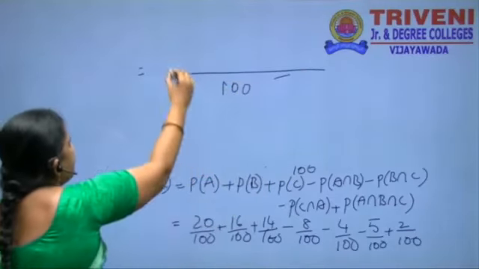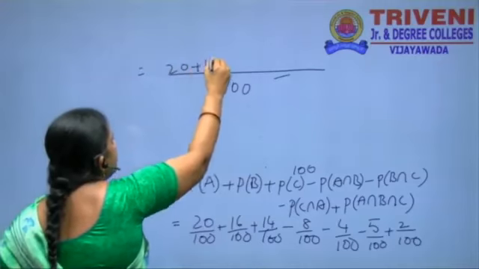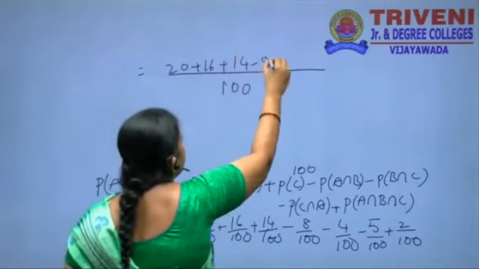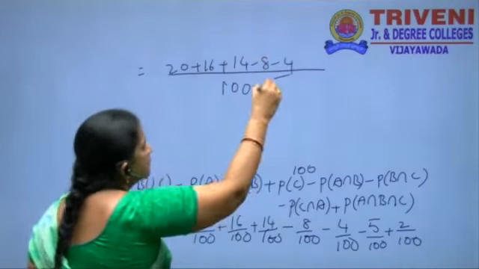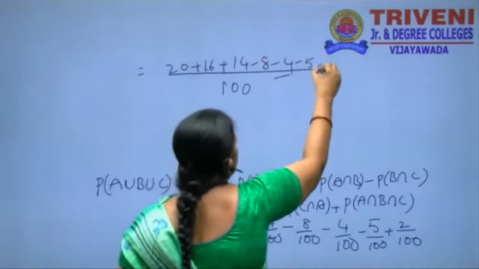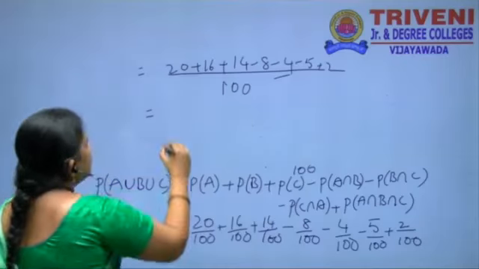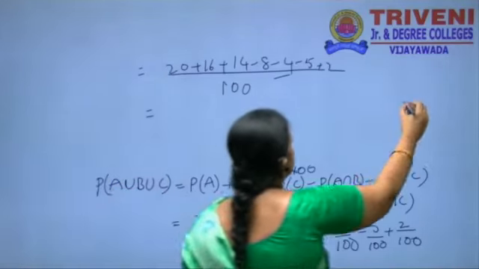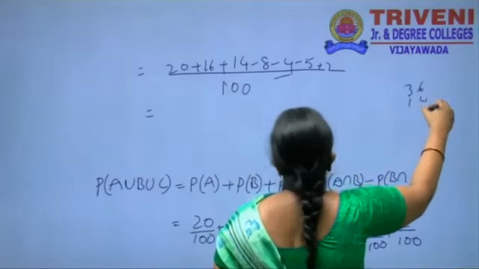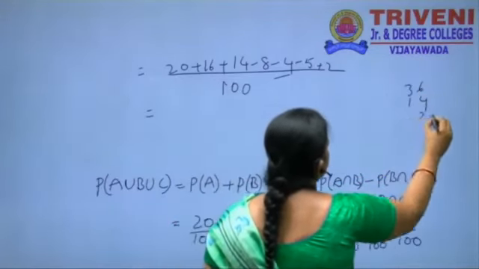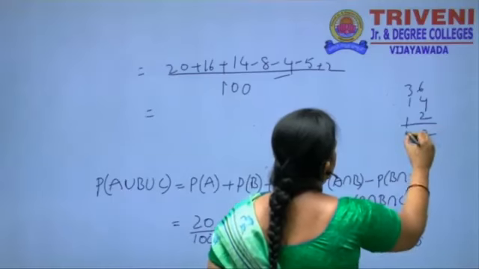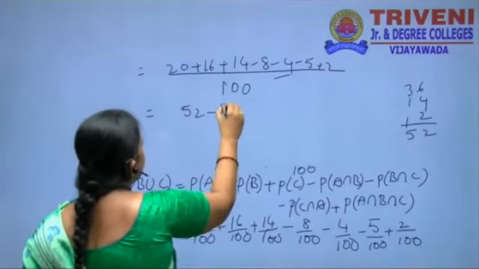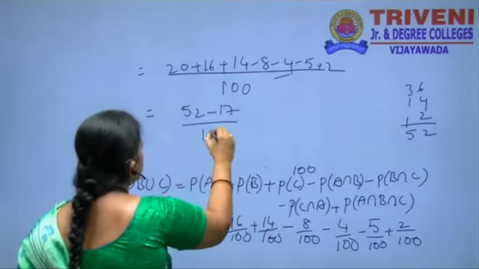Then 20 plus 16 plus 14 minus 8 minus 4 minus 5 plus 2, that is equal to 36. 36 plus 14, 52. 52 minus 17 by 100.